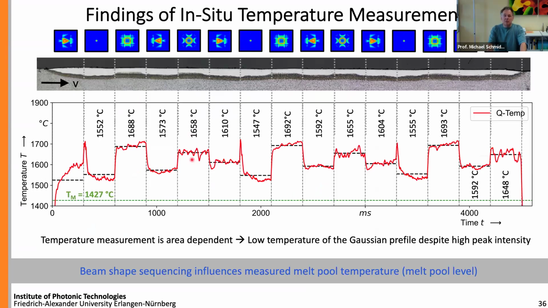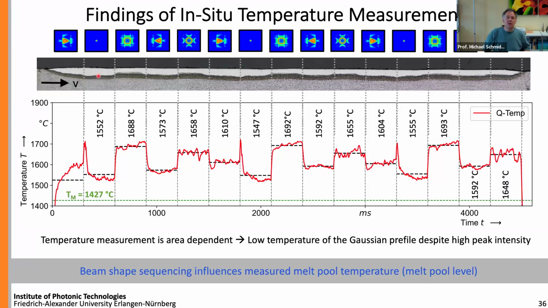We also did some temperature measurement. We have to be a bit careful with the interpretation. Why? Because you see that here one of the lowest values is for the Gaussian mode, which is definitely not true. But those of you that have already used pyrometers for temperature measurement know that you have a certain area for your measurement, and you have an averaging over the area.